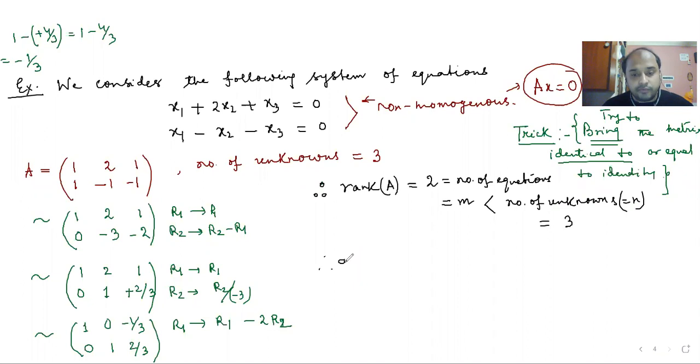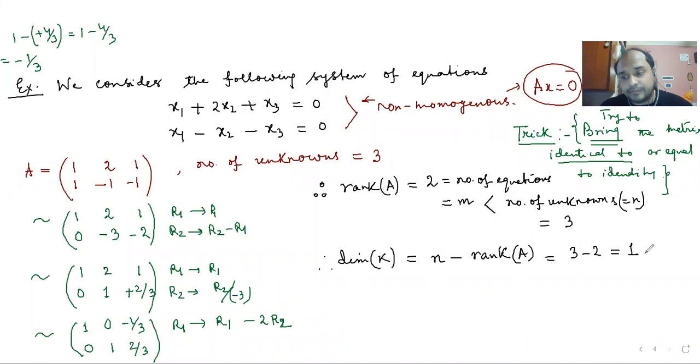So by the formula we have just defined, dimension of K will be n minus rank of A, and therefore we can write 3 minus 2 equal to 1. And what does this mean? If you recall the meaning of dimension, dimension gives you the number of linearly independent vectors.